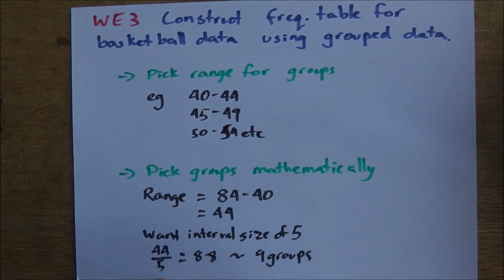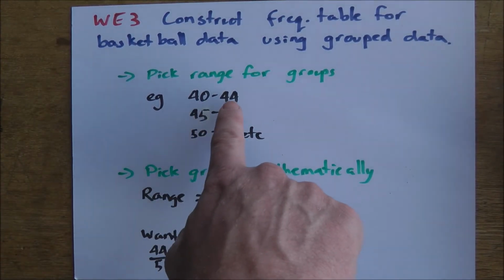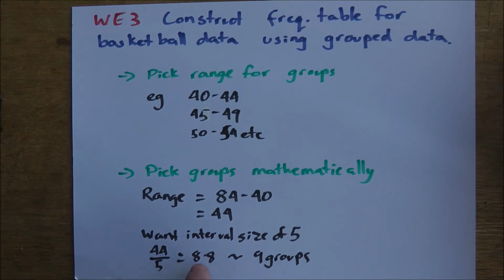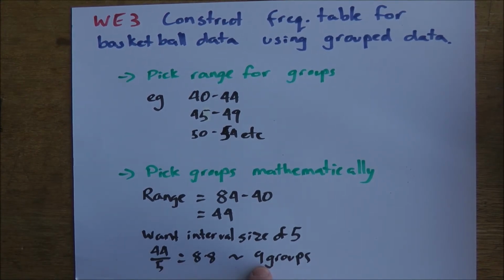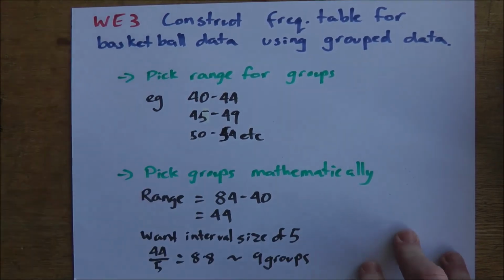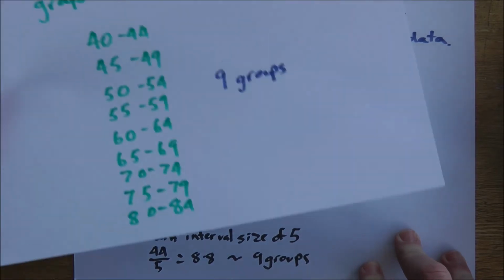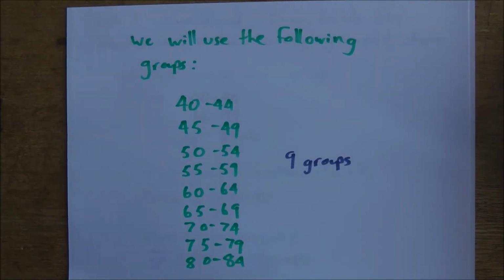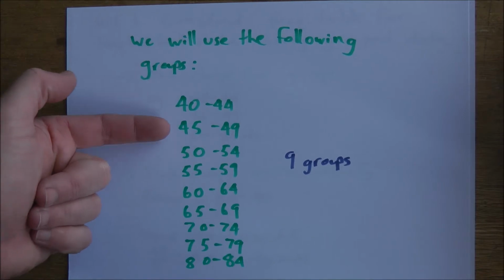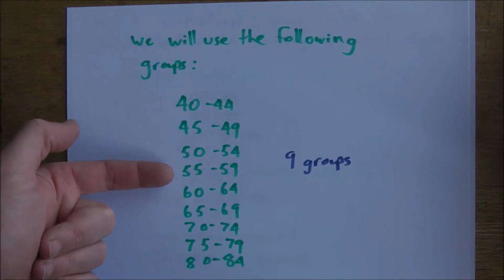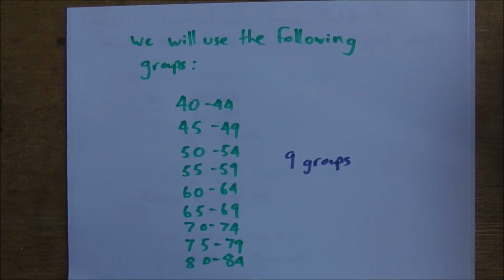I'm just working out mathematically that if I want my interval size of 5, 40 to 44 is 5, I'm going to end up with about 9 groups. So what does that actually look like? 40 to 44, 45 to 49, and so on, right through to 84 at the end there. So this forms the first column of our frequency table.